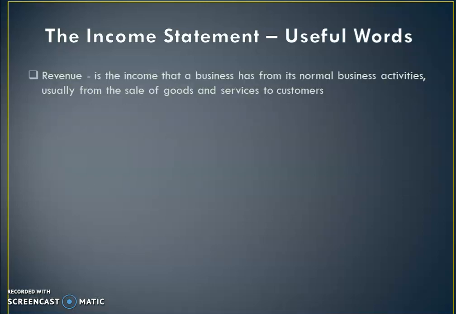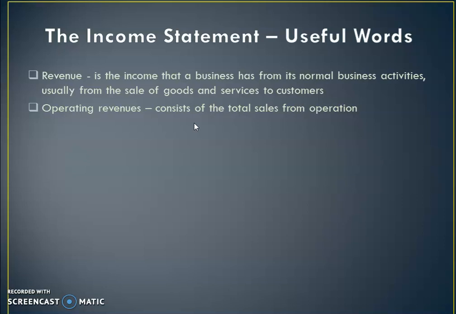First is revenue. Revenue is the income that a business has from its normal business activities, usually from the sale of goods and services to customers. Okay, that is revenue. Next is operating revenues.